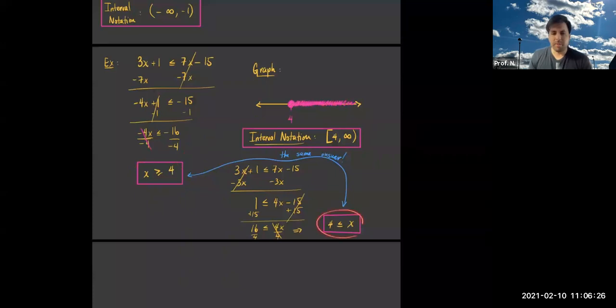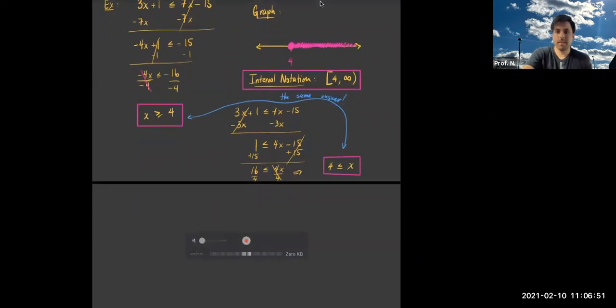But when you look at it from this perspective, it makes less sense as to how to graph it. 4 is less than or equal to x. So then you're like, yeah, I understand 4 is less than. So then still, what are the x values? They're everything above 4. That's why we write it this way instead. So of course, if the solution is the same, the graph is the same. So, okay. We good with that?